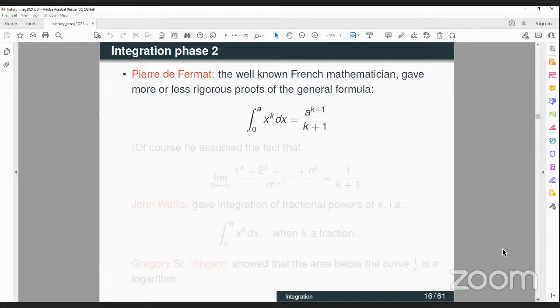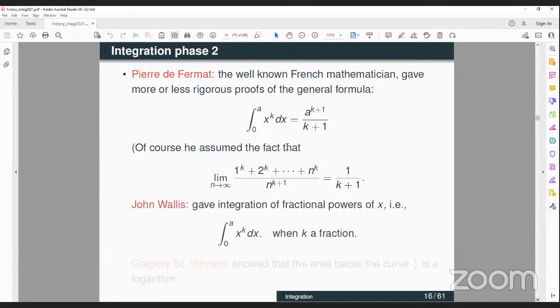Of course, he assumed a mathematical fact, a limit, used to compute this, that this is equal to this. So the concept of limit was sort of assumed. Many things were assumed to be true by mathematicians, who felt that this should be true. And John Wallis gave a formula for integrating x to the power k when k is a fraction. So in some sense, he extended Fermat's formula.